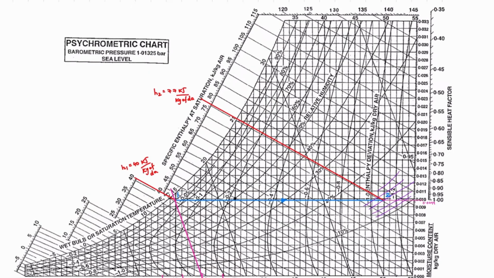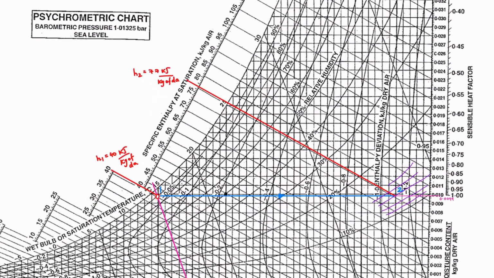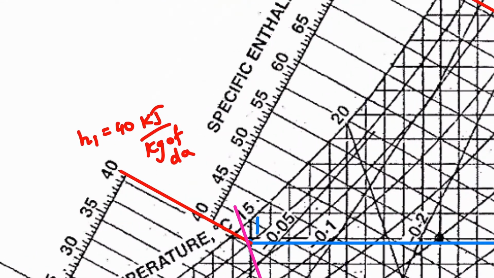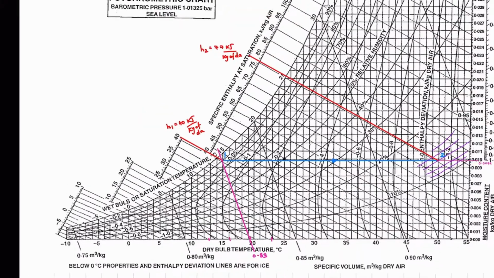Similarly, you have to read value of H1, point number 1, which is located over here. So how to read this value? Again, these are wet bulb as well as enthalpy lines, specific enthalpy lines. So keep roller scale over here, draw parallel from point 1. Wherever it intersects the scale, there you will read the value of enthalpy of point 1. So here you can see H1 is equal to 40 kilojoule per kg of dry air. So enthalpy value we have calculated.